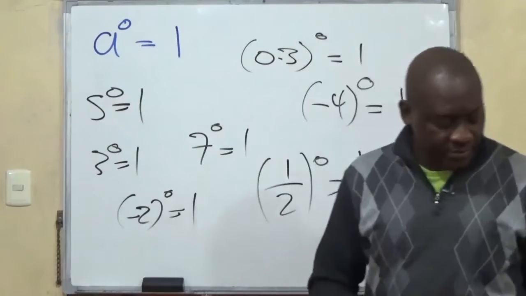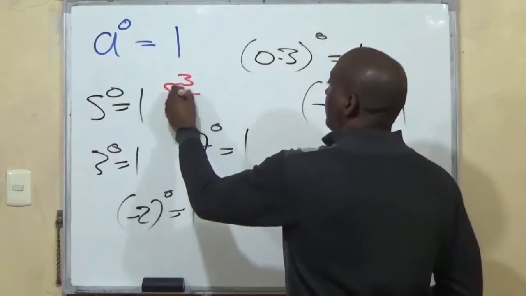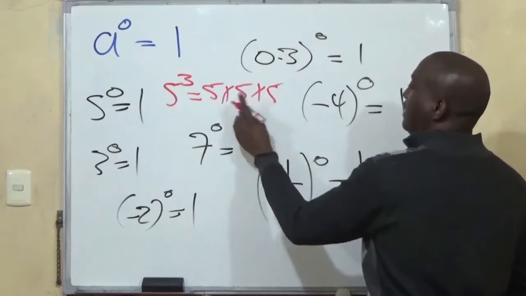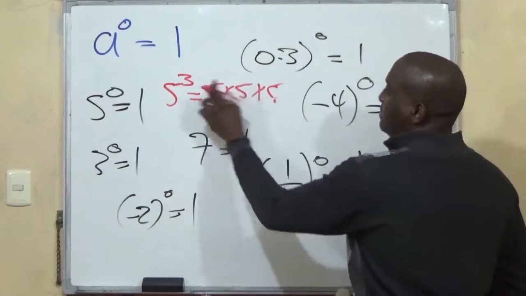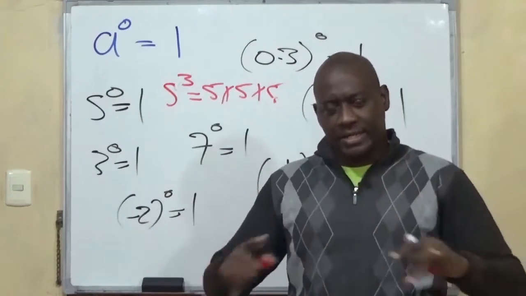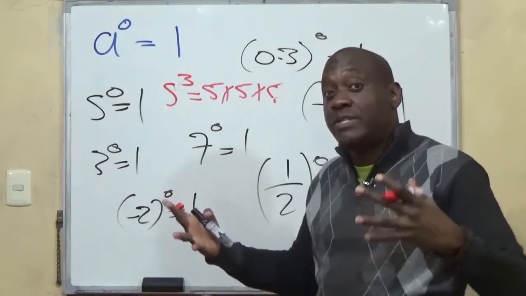If we have 5 cubed is equal to 5 by 5 by 5, you could relate these three 5s to this 3 here. You could connect, you could visualize. What happens when we have 5 to the power 0? How do we visualize that?